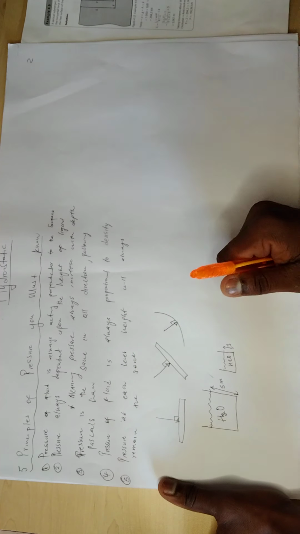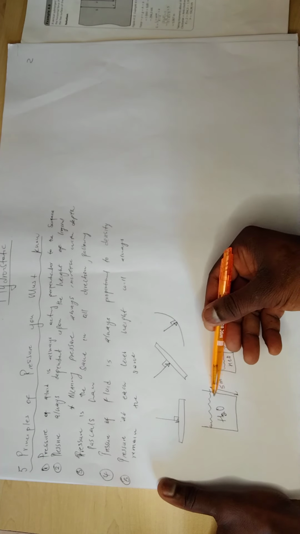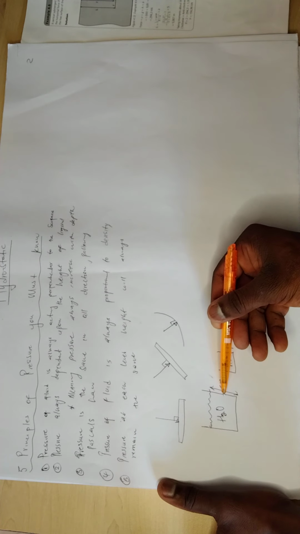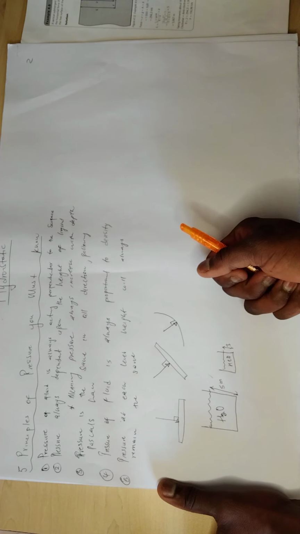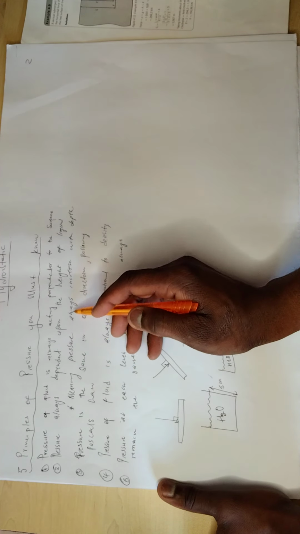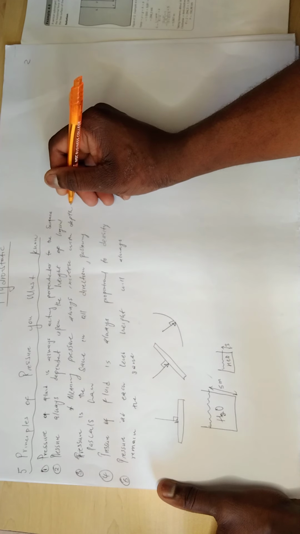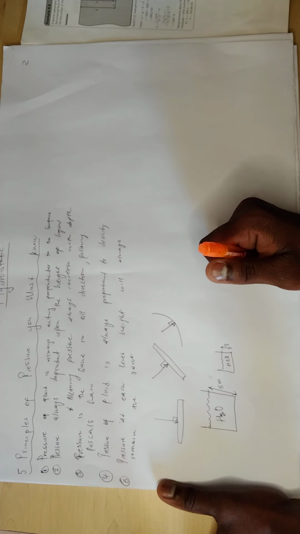It simply means that pressure depends upon the height of the fluid: the higher the height of the fluid, the more the pressure, and the lesser the height, the lesser the pressure. This is the most important principle to know.